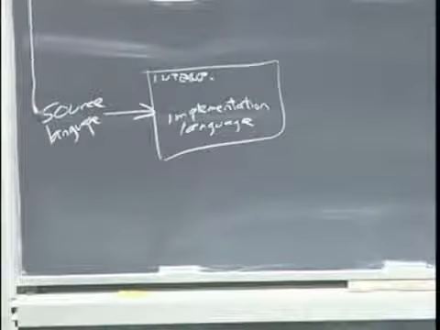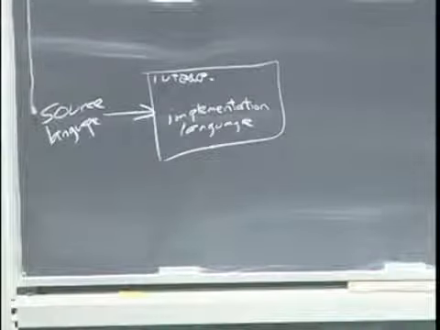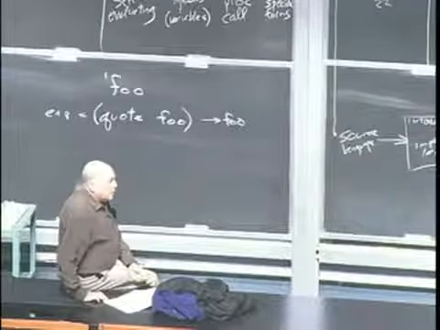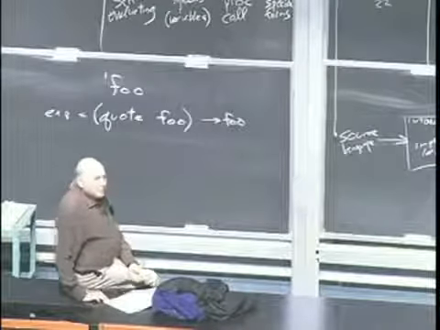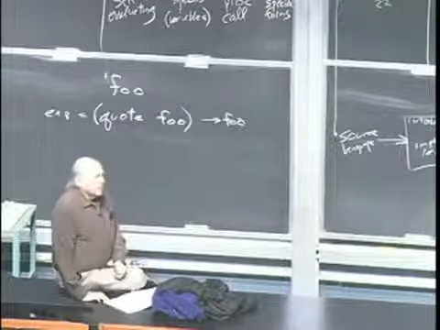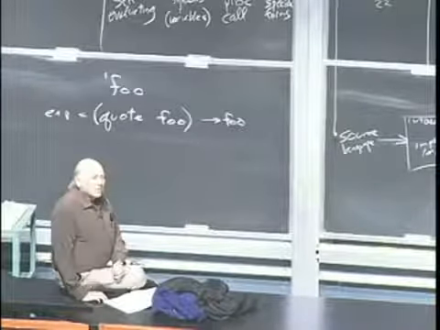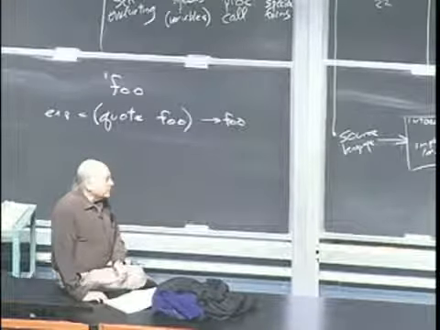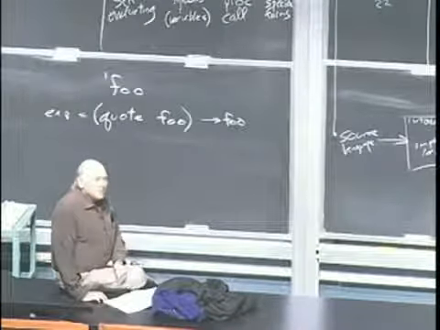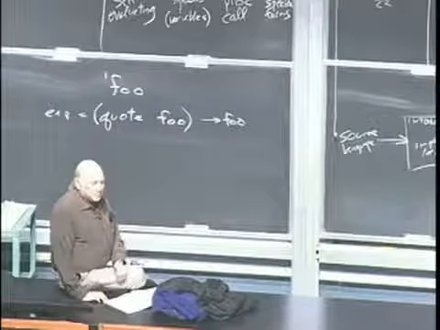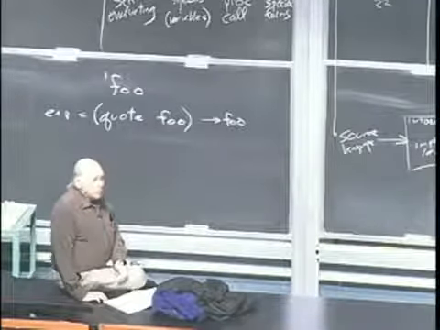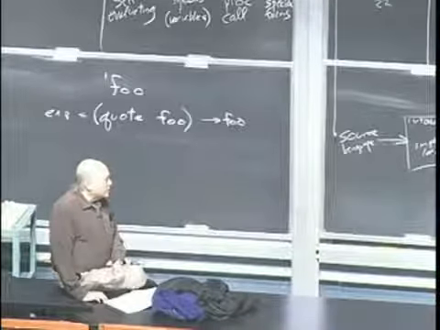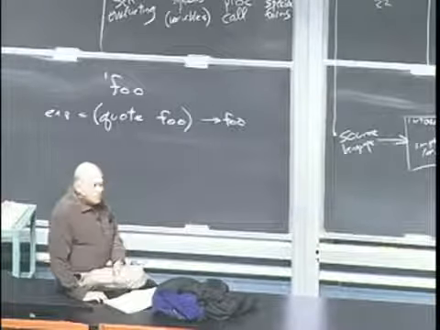Let's say you're teaching a class like this, and you want your students to write an interpreter that's going to be as good as possible, but have it be as easy as possible to write. So you want to have an interpreter for some language, and you want to make it really easy to write the interpreter. So what languages would you pick? Supposing you had the whole universe of languages available to you, what language would you use as the source language, and what language would you use as the implementation language?